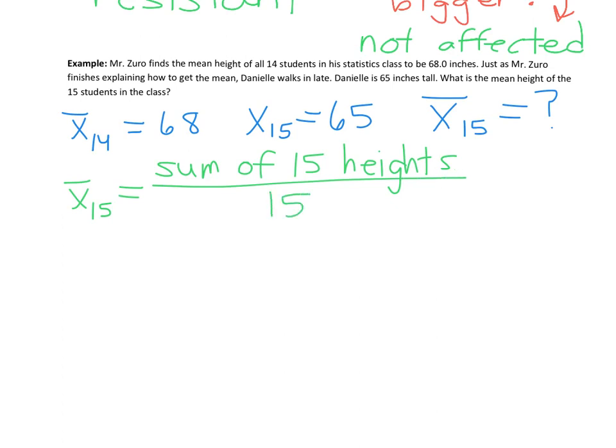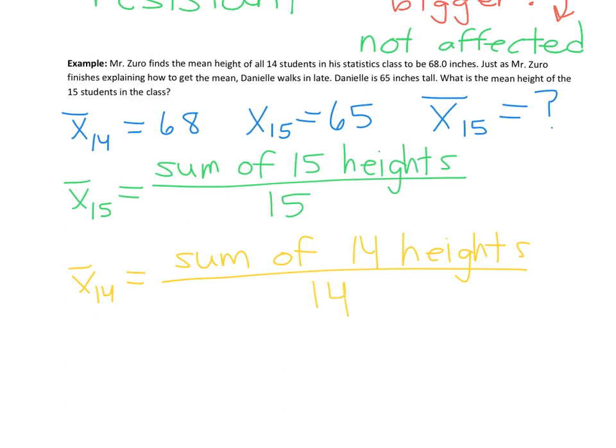All right, likewise, what else do I know? I know Mr. Zorro found the average height of all 14 students by adding up all 14 heights and then dividing by 14.